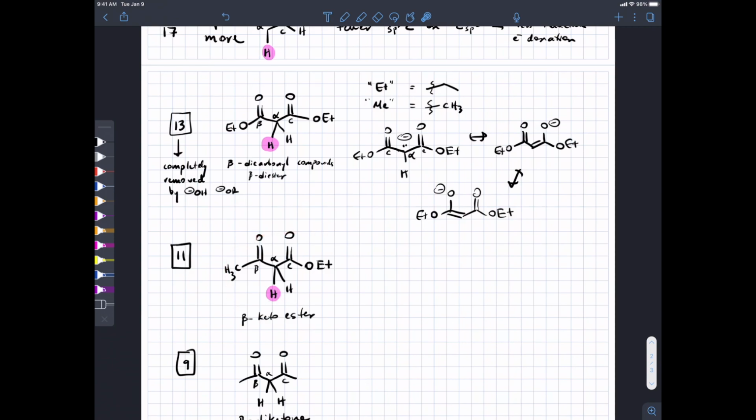And later on, I want you to pay attention to beta dicarbonyl compounds, because later on we're going to see that as a pattern for something interesting that can happen. In particular, we're going to see these two molecules again at the end of chapter 17. We're going to use them for interesting chemistry, and they're going to have a unique step at the very end that's going to be attributable to the fact that there's a carbonyl on the beta carbon. So it's useful to recognize that pattern.